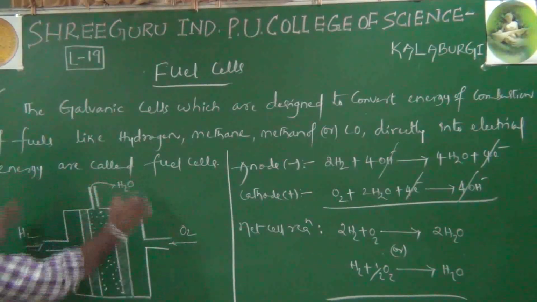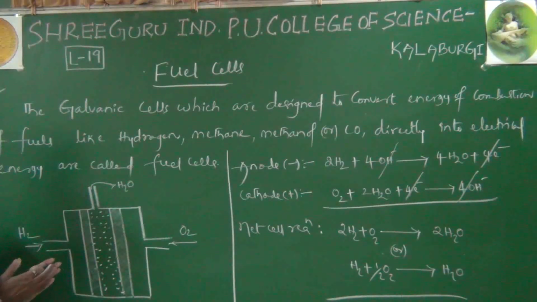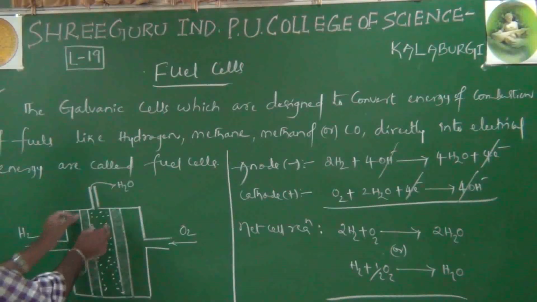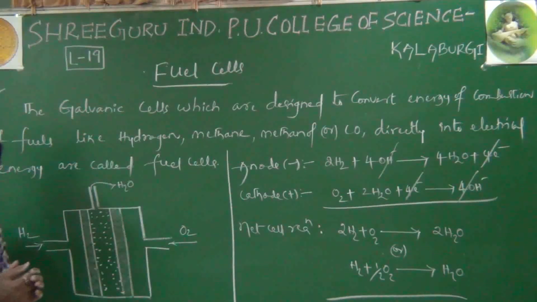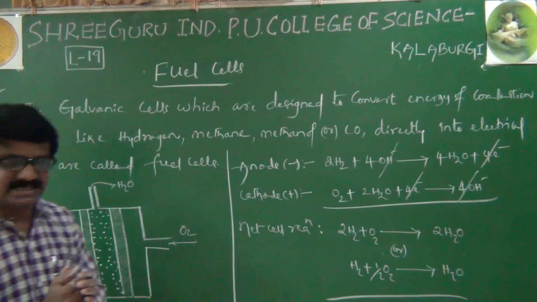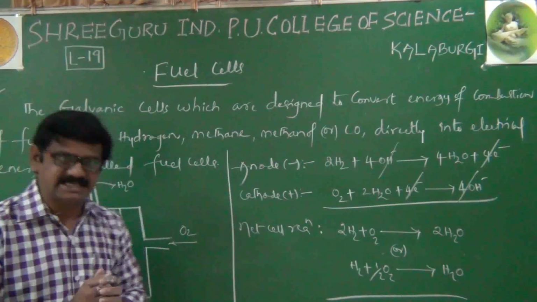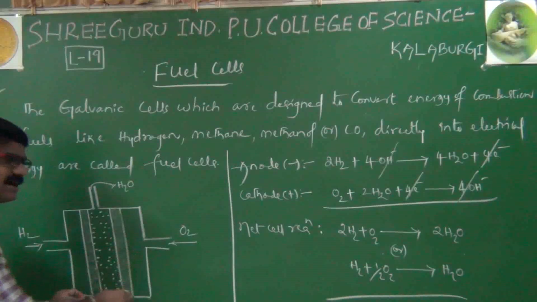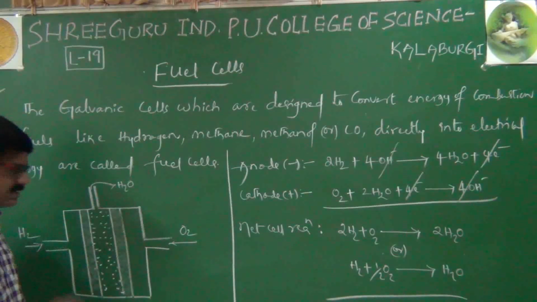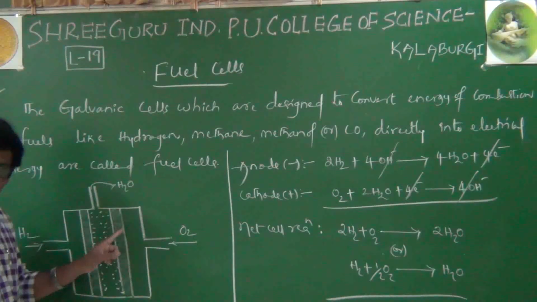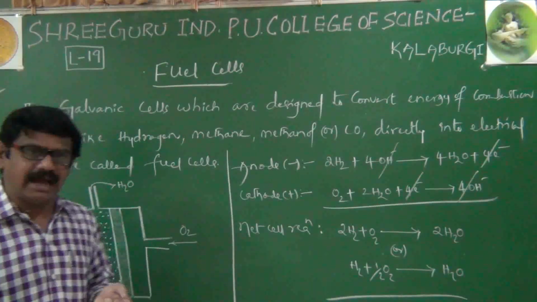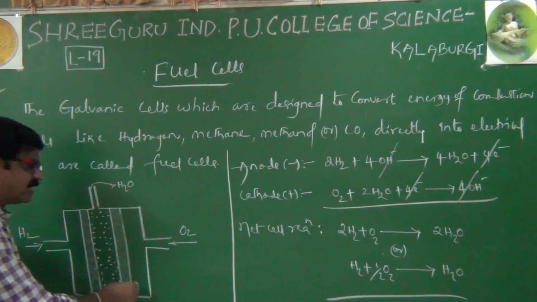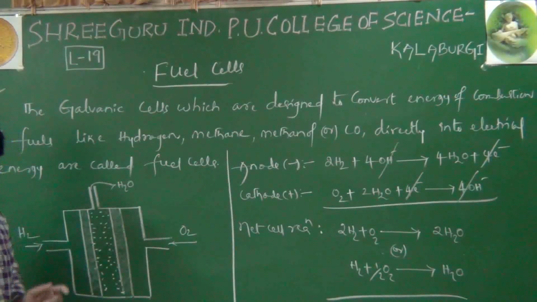For that purpose, one rough diagram is given to you. See here, these two are graphite plates, and those graphite plates are incorporated with either platinum or palladium metals to increase the rate of reaction, and both graphite plates are acting as electrodes.